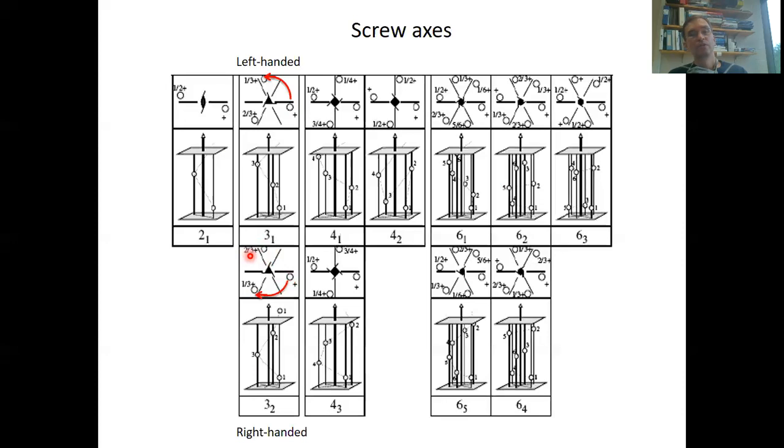So now let's carry out the symmetry operation another time. We will rotate it by another 120 degrees and have to shift it by another 2/3 of the unit cell parameter. So 2/3 plus 2/3 gives 4/3. And 4/3 is identical to 1/3, because 1/3 plus 1 gives 4/3.